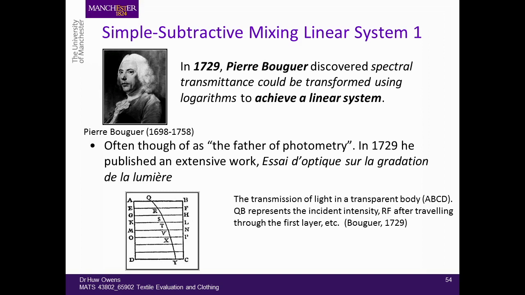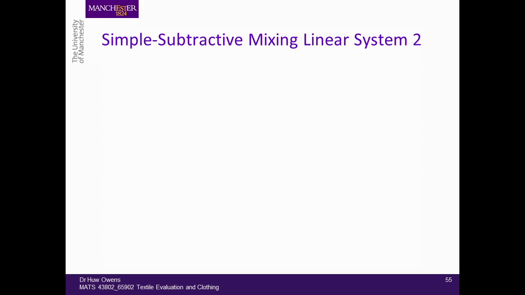So he's varied the thickness and kept the concentration the same. And if you do that, you can see this interesting logarithmic relationship we get as the light goes through a greater and greater distance.